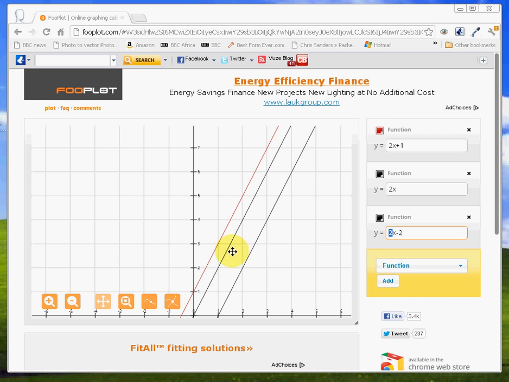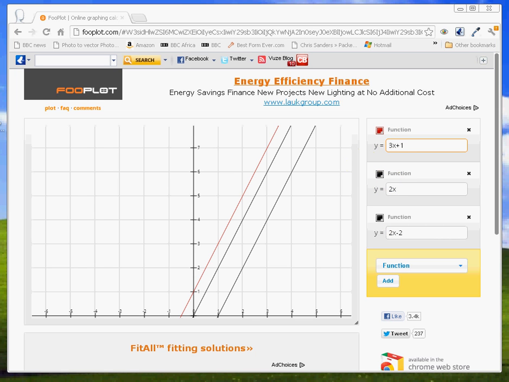And it's the same if I look at this line here, start there. 1 along, 2 up, 1 along, 2 up. Exactly the same. So the slope of those is all 2. They call it gradient. Gradient is the posh word for slope, how steep it is.